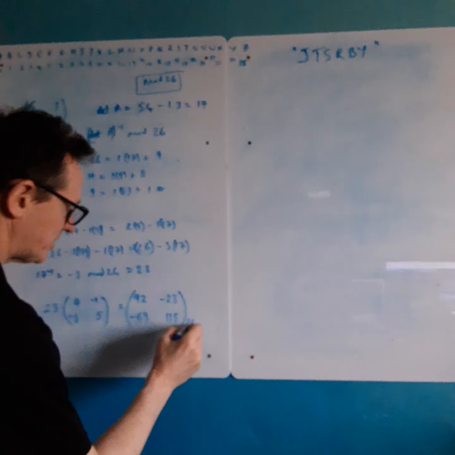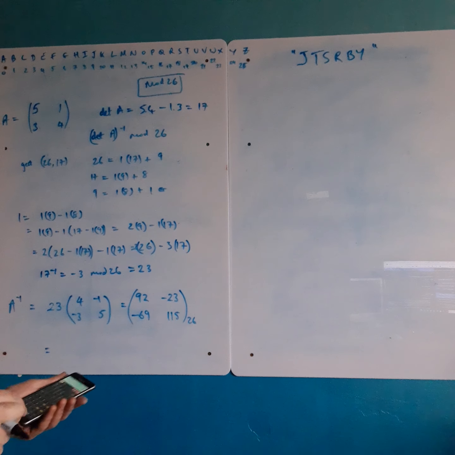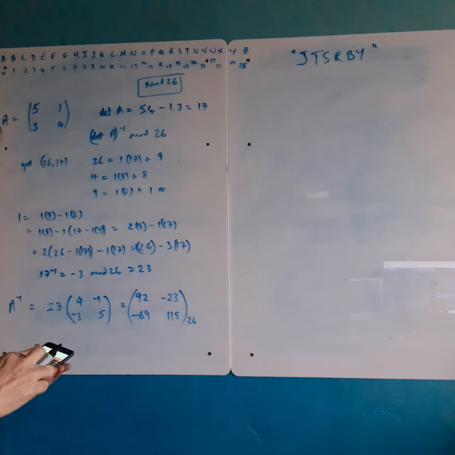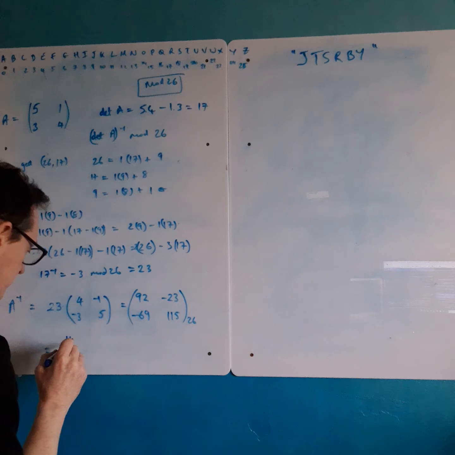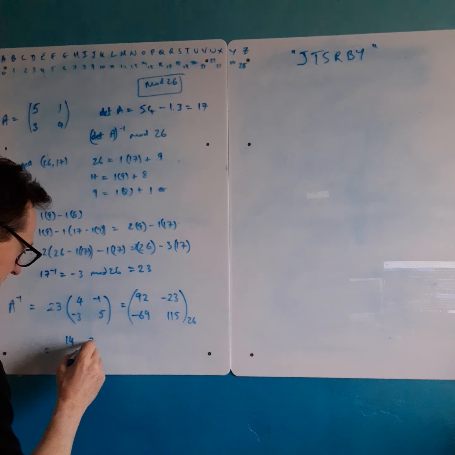And remember, I'm working mod 26, so I want to make sure that 26 goes into 78, so that would be 14. Sorry, the phone's hopping all day with all these messages. So 92, I'll just subtract 78 just to make sure. Yeah, 14 as suspected. Minus 23, I just add 26 on, so that gives me 3.